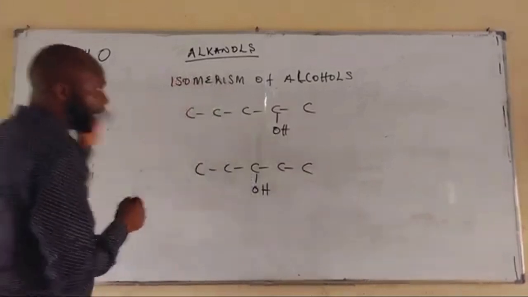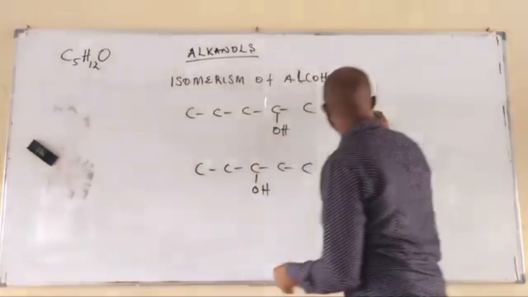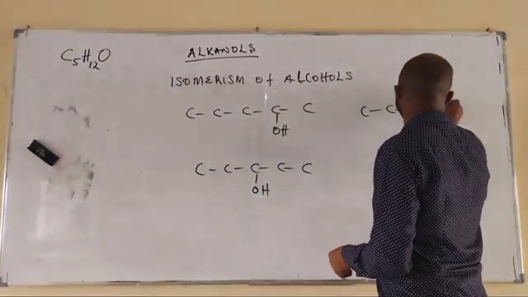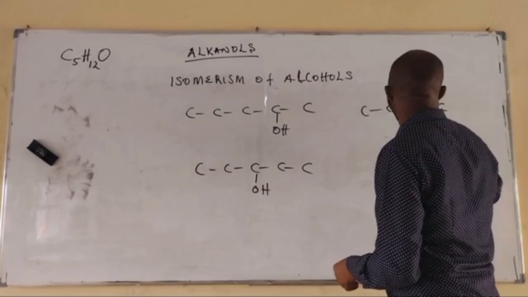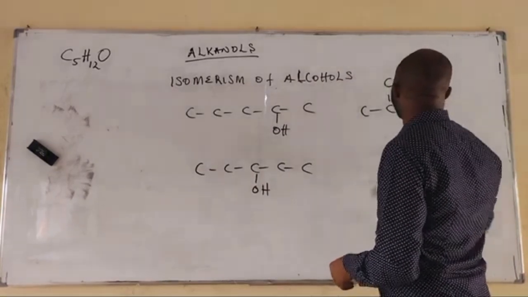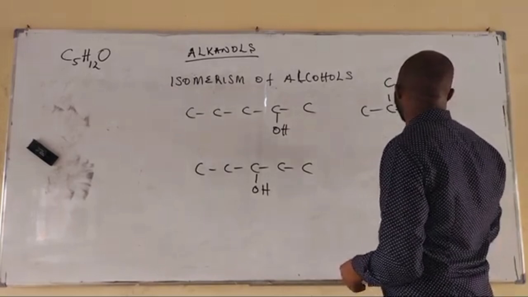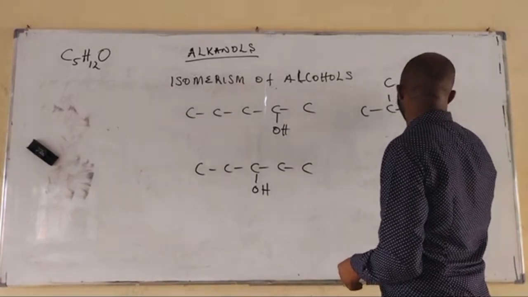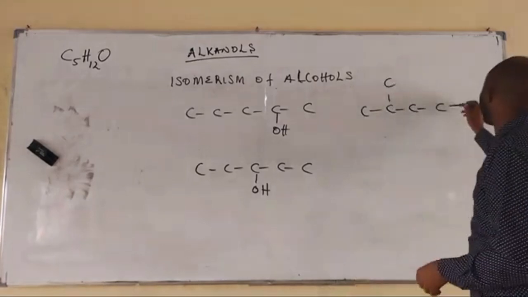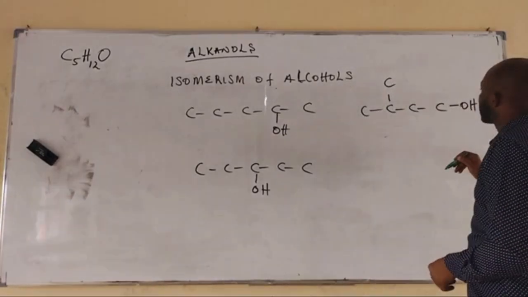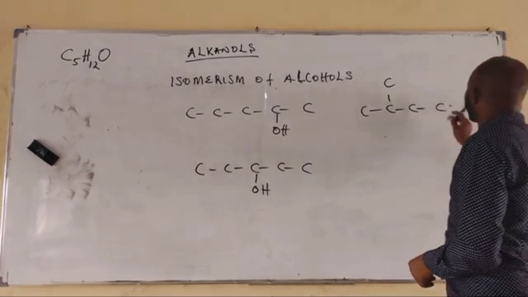And if I have this again, I will name them. Let's say 1, 2, 3, 4, 5 carbon atoms, and I have my OH here. So I don't need to put it there. Put my OH here. This is primary, sorry. This is secondary.